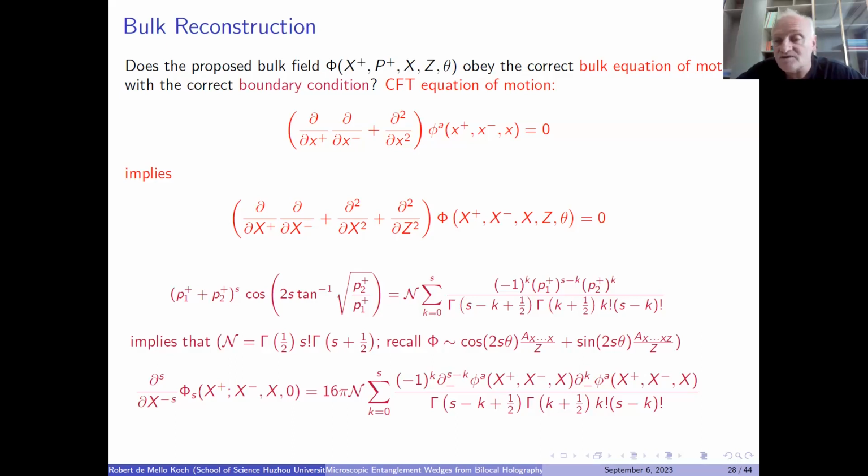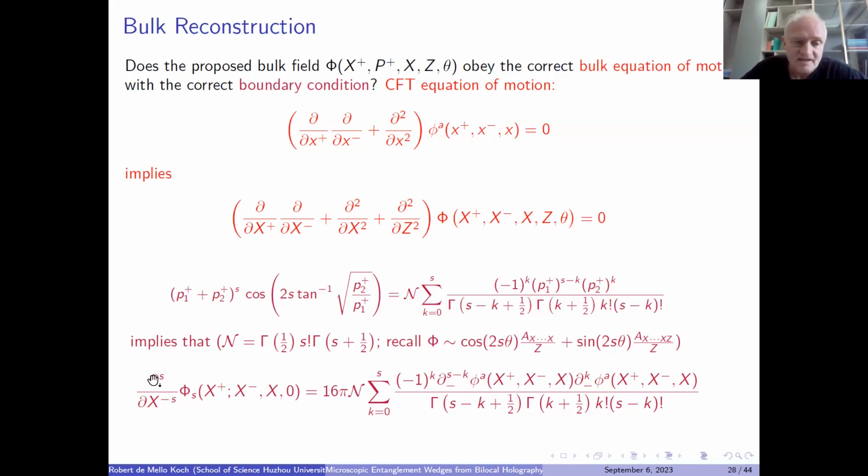Now you might ask, do we get the correct boundary condition? Well, as usual, the boundary condition is set by the GKPW map, and it's set at z equal to 0. If you want to work out how the bulk fields, this phi, behave when z goes to 0, I've written down a very useful identity here that we use to do that. What sits inside the cos is related to theta from the map, and what sits on this side is actually the formula for the primary currents.